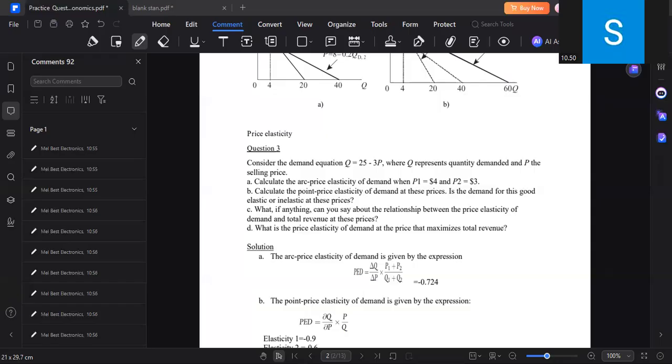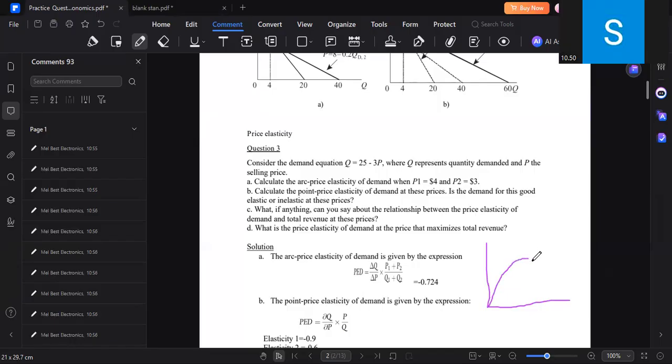So whenever total revenue is maximized, the elasticity is usually -1. The relationship that exists with total revenue is that as price goes down, the region becomes inelastic. In a normal state, this is a normal total revenue function.